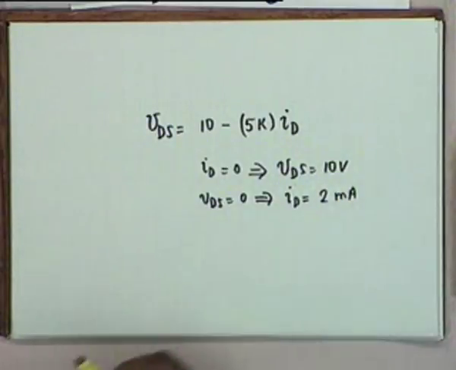Why are you using the total ID and the total VDS? Shouldn't it just be the DC parts? Yes, since we are considering only the DC circuit, we are not considering the presence of a signal. We use the capital letter symbol, but you can use the small letters also with the total.